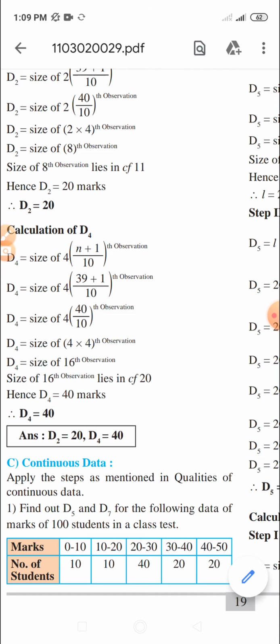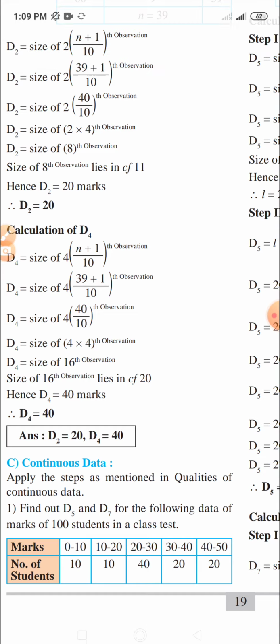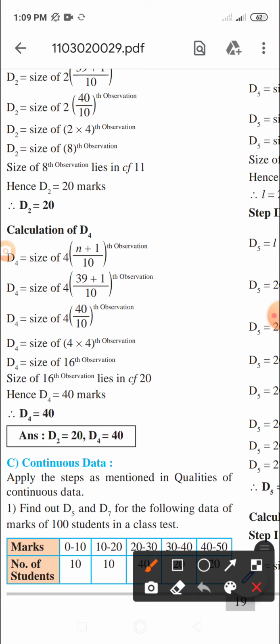One line is given in our textbook: for calculation of deciles, apply the steps mentioned in quartiles to find out the data. Those who understand calculation of quartiles under continuous series will definitely understand the calculation of deciles under continuous series.